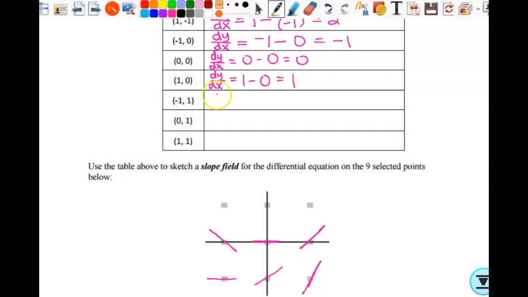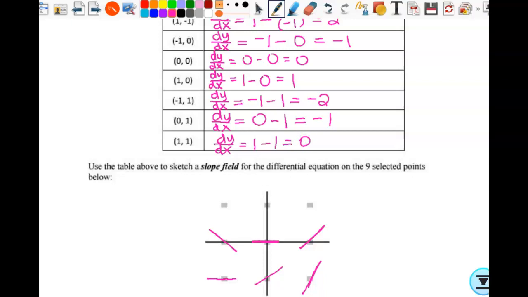All right, let's do these last 3 points. What is negative 1 take away 1? I'm just going to calculate these 3 slopes real quick. So 0, the x-coordinate, take away the y-coordinate. So 0 minus 1, negative 1. And the point 1, 1: 1 minus 1, 0.